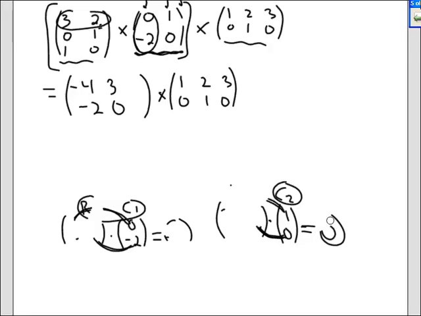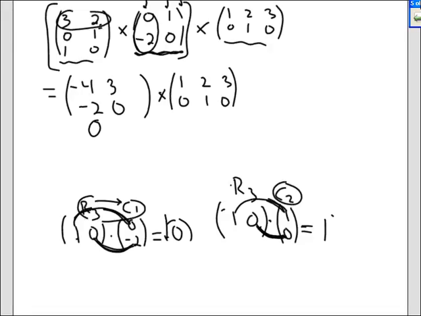So I get 0 plus 0 is 0. 1 plus 0 is 1. So the third row, row 3, column 1 is 0. And row 3, column 2 is 1.